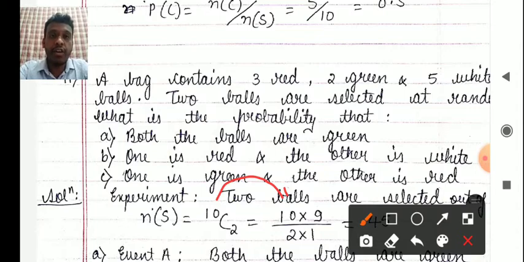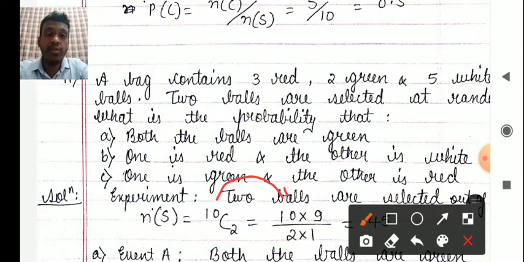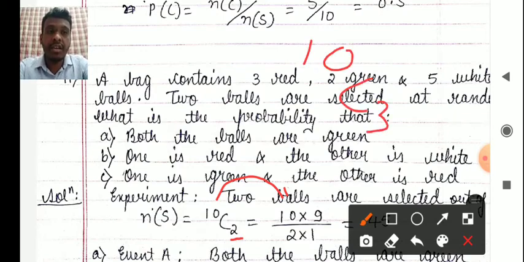So 10 into 9 into 8 into 7 into 6 into 5 into 4, and so on, up till how many digits you have to take? In this case 2 digits, because 2 is at the bottom. So 10 into 9, total number of numbers should be 2 only. Had it been 10C3, then the numerator would have been 10 into 9 into 8.